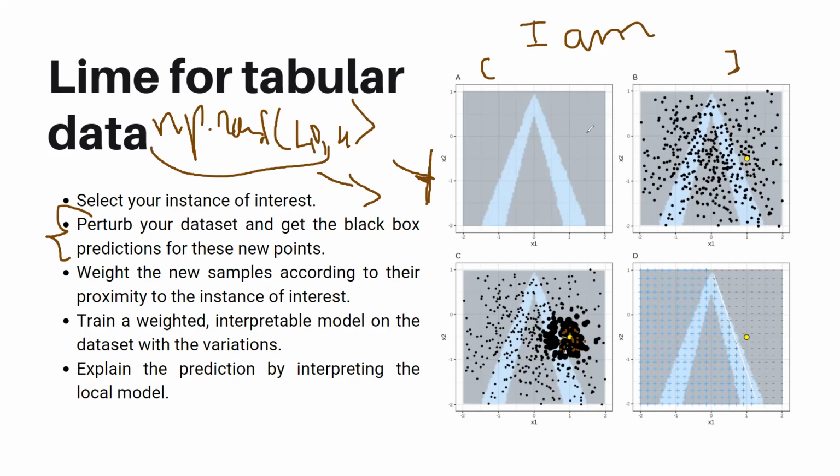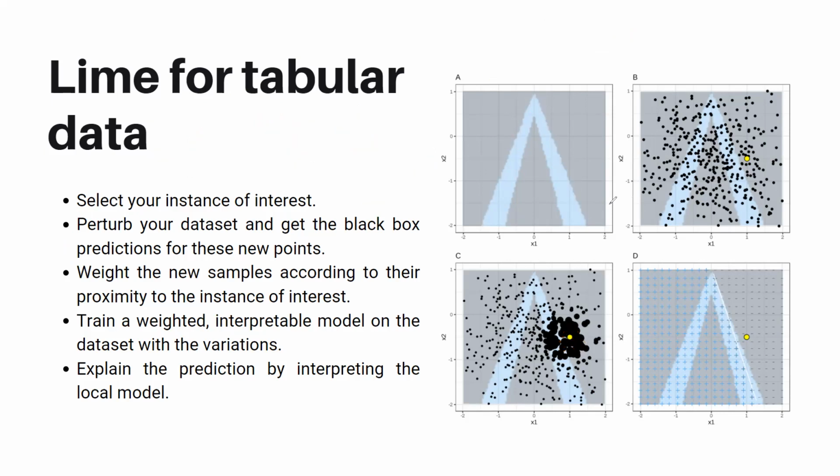In reality, we don't see this decision boundary like this. The model does not see this, right? This is just for you as visualization. So what we're trying to do with these points is get an estimation of how this boundary looks like. So we put different points here and here and here. If we see that these points are class 1 and these points are class 2, there is certainly some boundary between them.